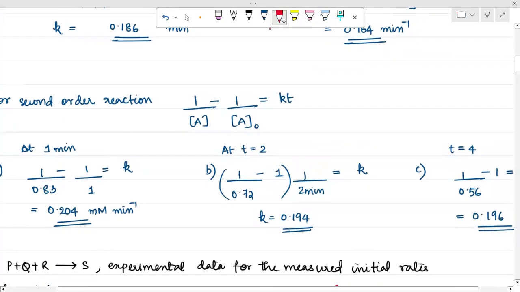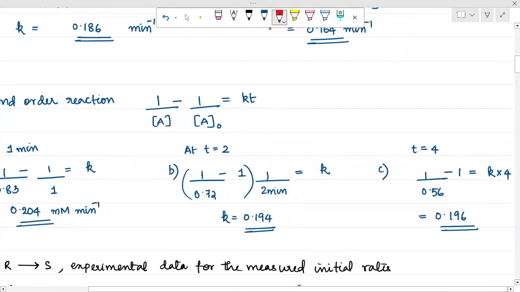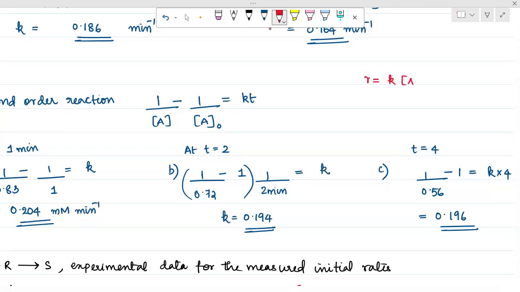You know what the rate constant unit of a second order reaction is, right? Rate is equal to rate constant into concentration of A to the power 2. So rate constant will be equal to rate, in concentration per time, say millimolar per minute, divided by concentration squared, millimolar to the power 2.